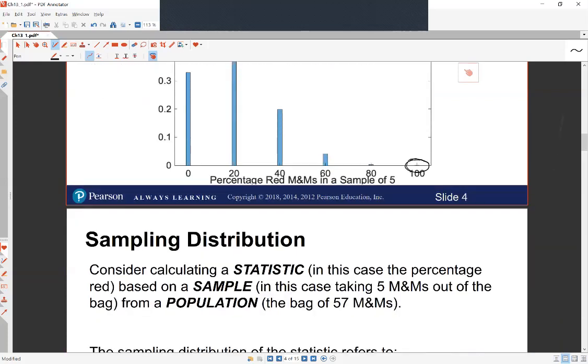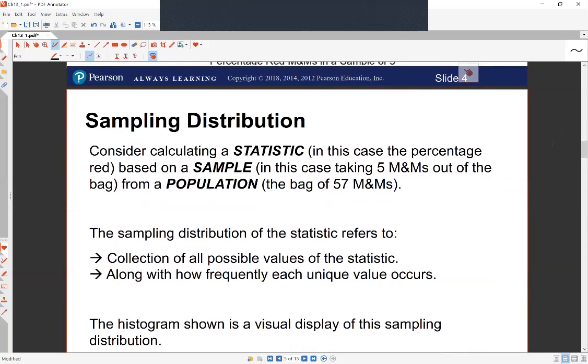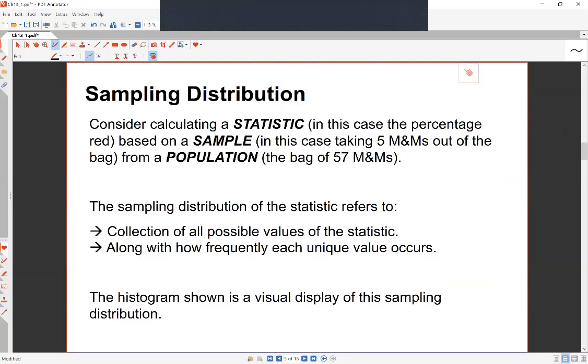Let's unpack that a little bit more. In this specific example, we are calculating the percentage of red M&Ms in a sample, and that is called our statistic. So we're taking 5 M&Ms out of the bag randomly.